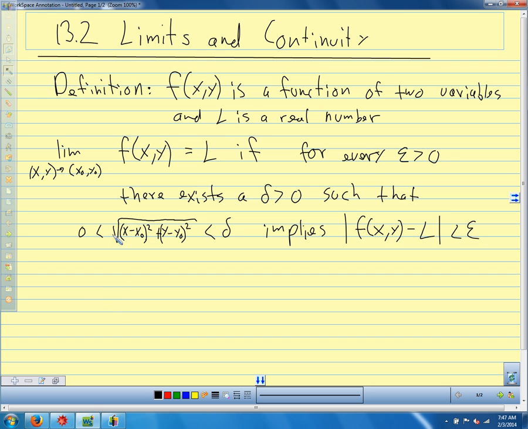And we call this quantity, the square root of (x minus x0) squared plus (y minus y0) squared less than delta, the delta neighborhood about (x0,y0).